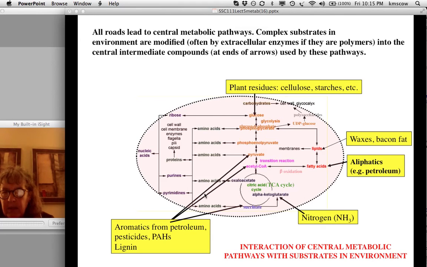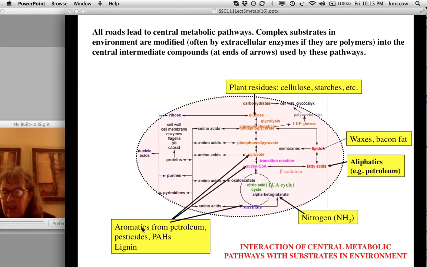Aromatics are broken down by several different pathways. We'll talk a little bit about that later. Again, not in too much detail, but they are also funneled into a few general pathways for aromatics.